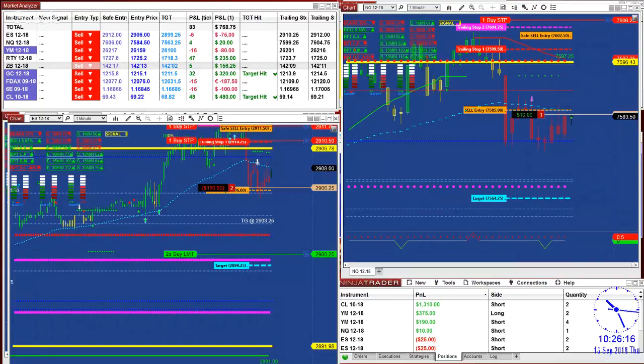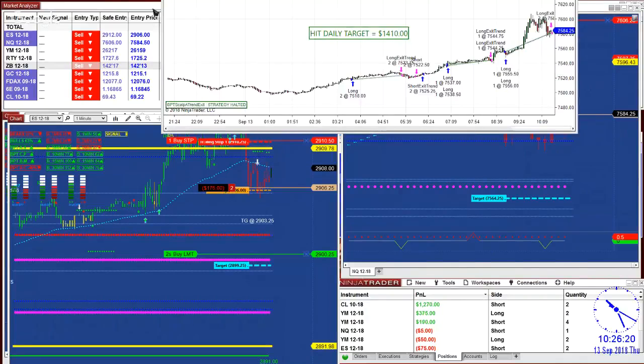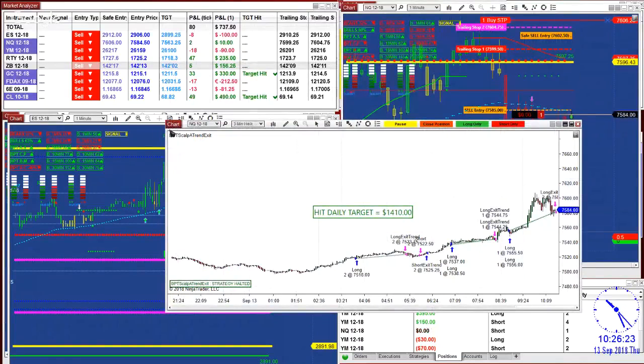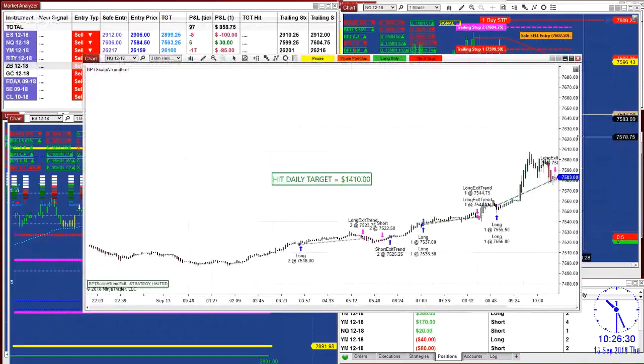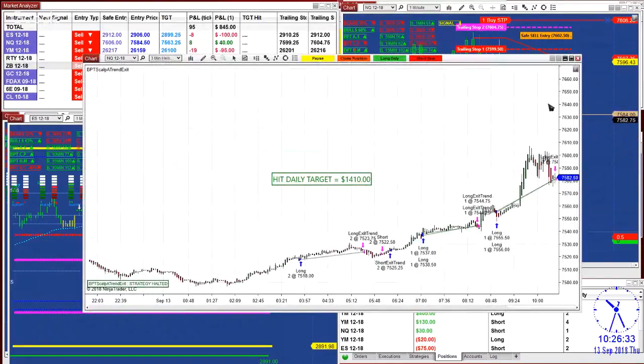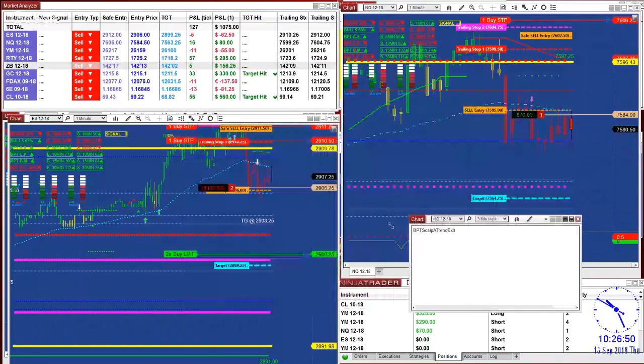NASDAQ finally closed position. For our traders, those are the 7 I gave you for the NASDAQ on Monday. Those are the 7, and didn't lose. Had one small losing trade, and it is 1,410. It's done on the NASDAQ.